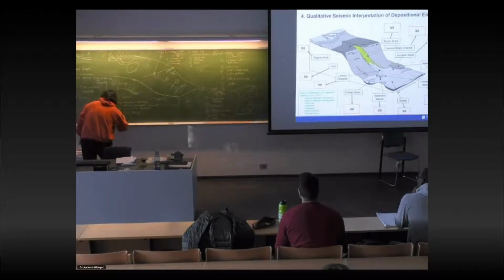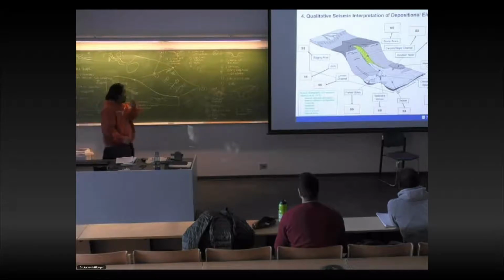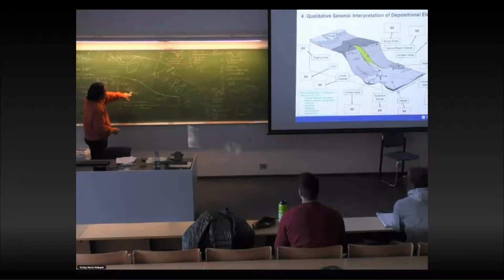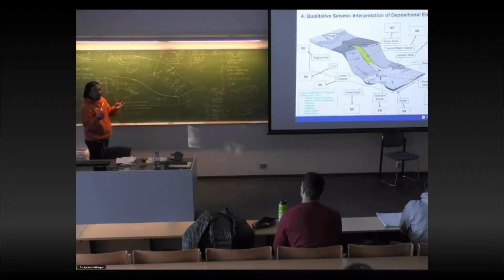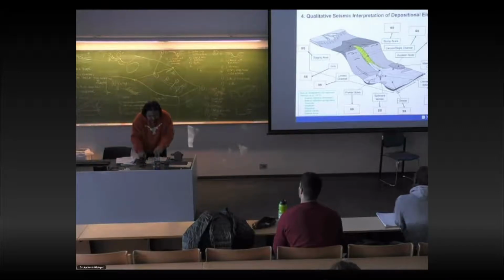And for the interval velocity, we have this chaotic thing, like a boulder or a big glass, with this layering. So what kind of interval velocity do you think?